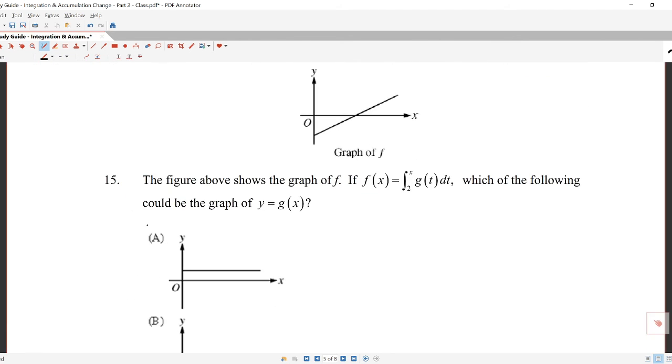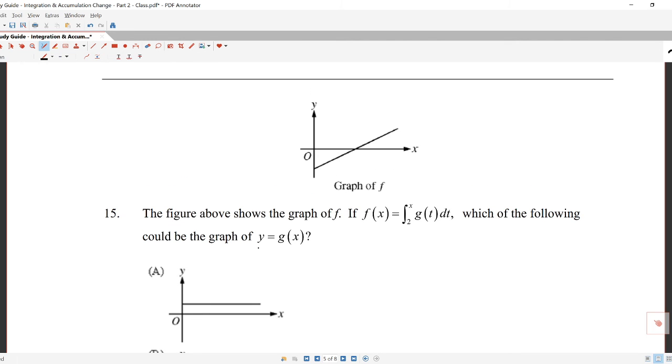15, the figure above shows the graph of f. If f is the integral from 2 to x of g of t, which of the following could be the graph of y equals g of x. So if this is the graph of f and f is the integral, then f prime is the derivative with respect to x of the integral from 2 to x of g of t dt.